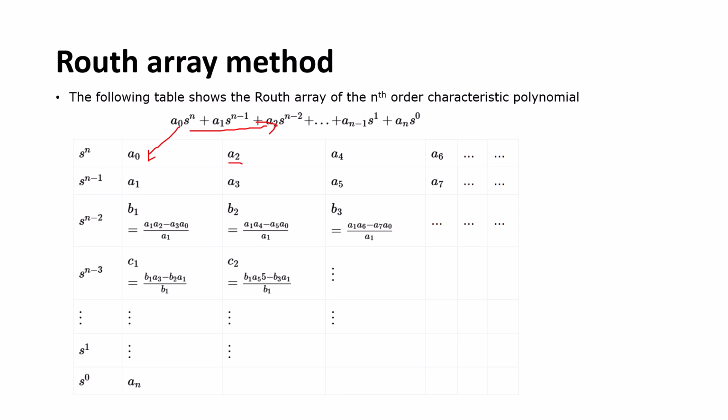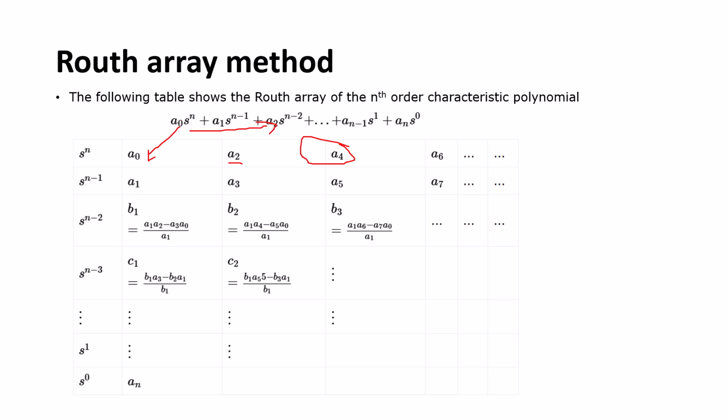So a2 we have written here. Then we will skip s to the power n minus 3 and write the coefficient for s to the power n minus 4, which will be a4. Likewise, we will continue this till the end of the polynomial function.